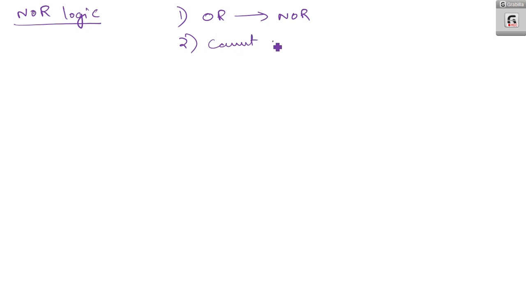Now coming into NOR logic. Okay. So here the three steps which are to be followed: first step is convert OR to NOR. Second step, convert AND to bubbled AND.